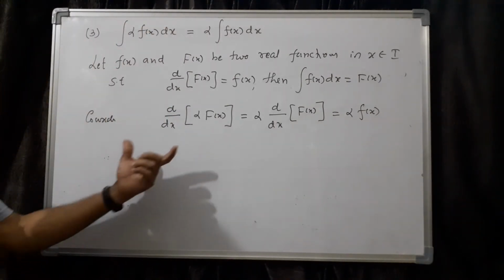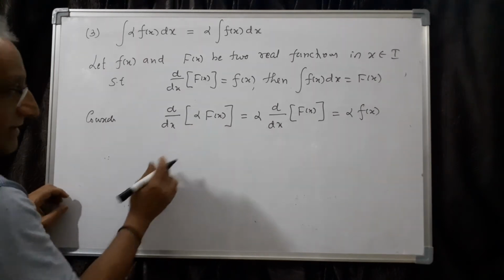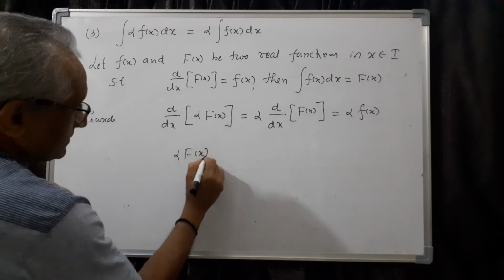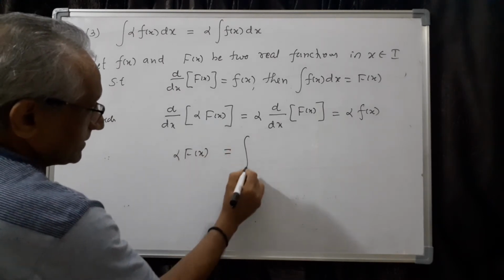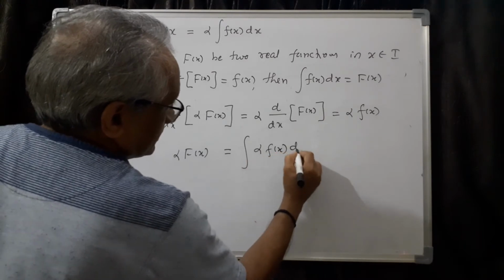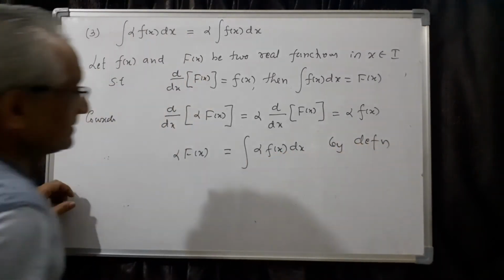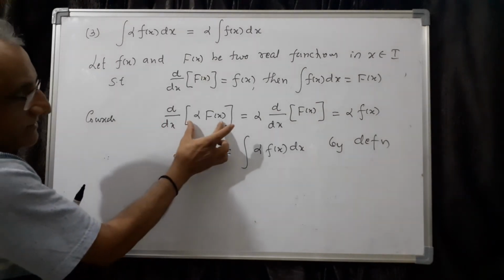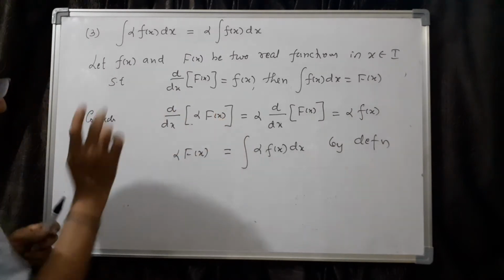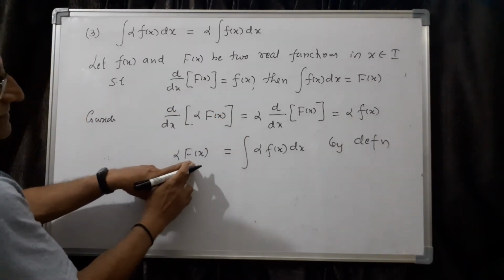Therefore, now let us integrate this one. When you integrate this, this becomes alpha times capital F of x by definition once again. Therefore, alpha times capital F of x will be equal to integration of alpha f of x dx by definition. Let me repeat: because differentiation of this function equals this function, integration of this function must equal this function. Now, what is capital F of x?